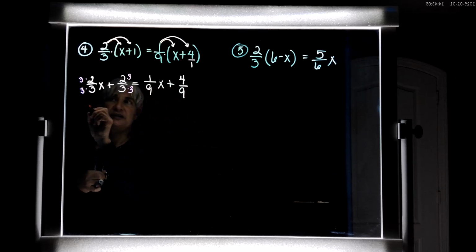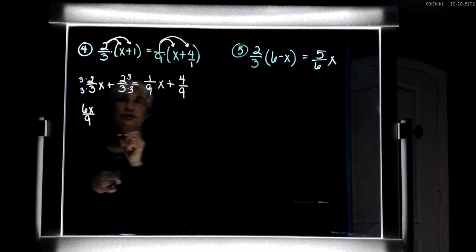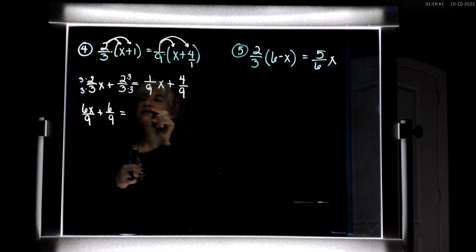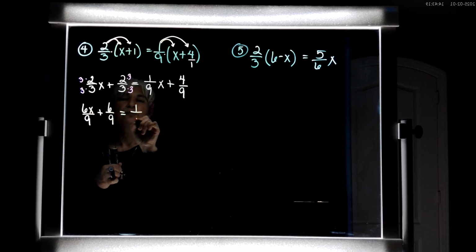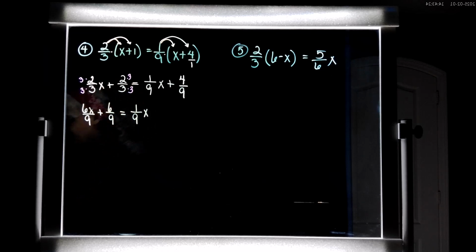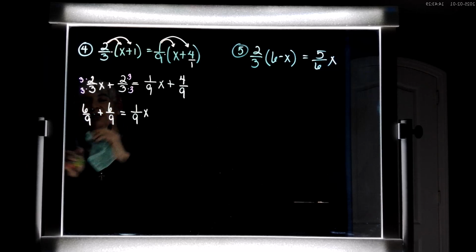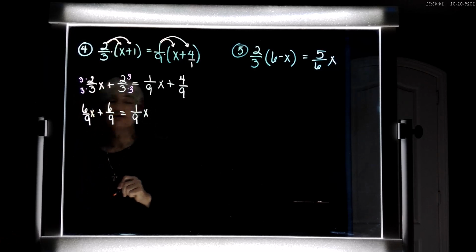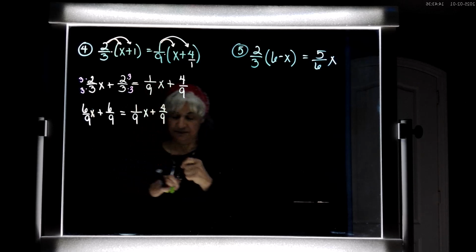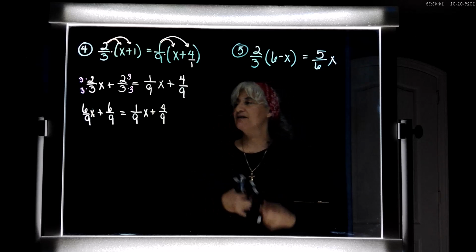What's the first one look like? Good. 6x over 9. You can write it that way. That's legit. Plus 6 over 9 equals 1/9 x. And you know what? I'm just going to keep these the same. So let me do just a little adjusting so they look the same. Okay? So 6 over 9x plus 4 over 9. Okay. Good. Excellent.